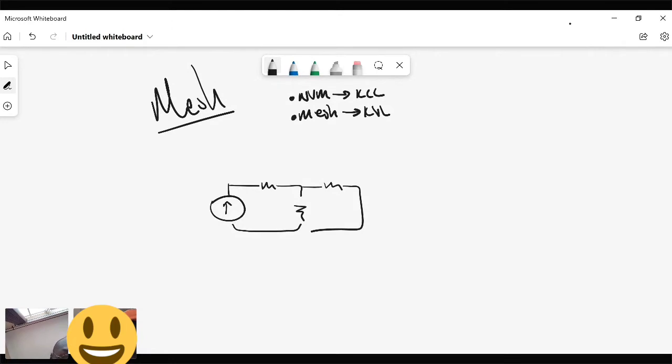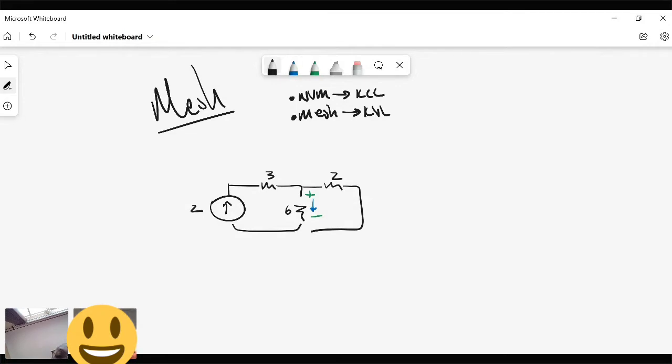We'll say that this is 2, 3, 6, and 2. And then let's solve for the voltage and the current passing through this resistor. We're gonna solve for those using mesh current.